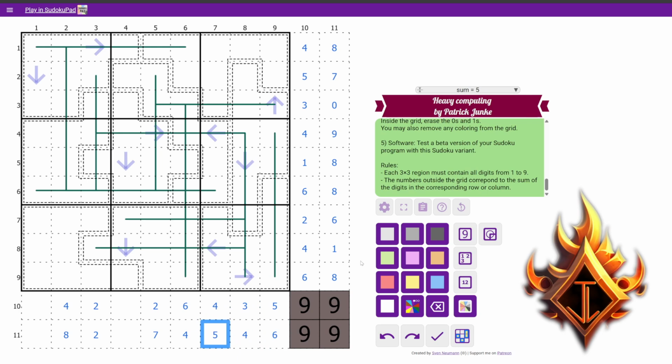So those will be 45. 27 and 64 is 91. So those will be 44. And 48 and 22 are 70. So these will be 65. So that should be our totals.